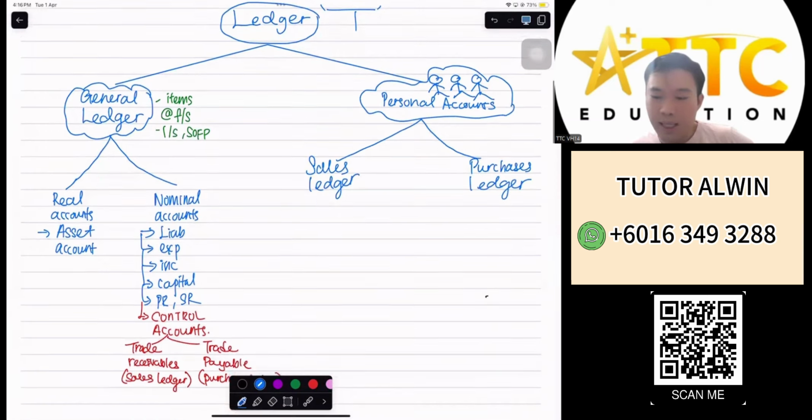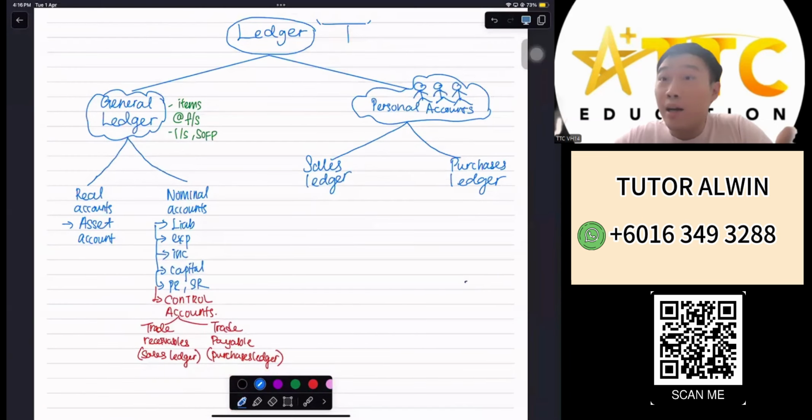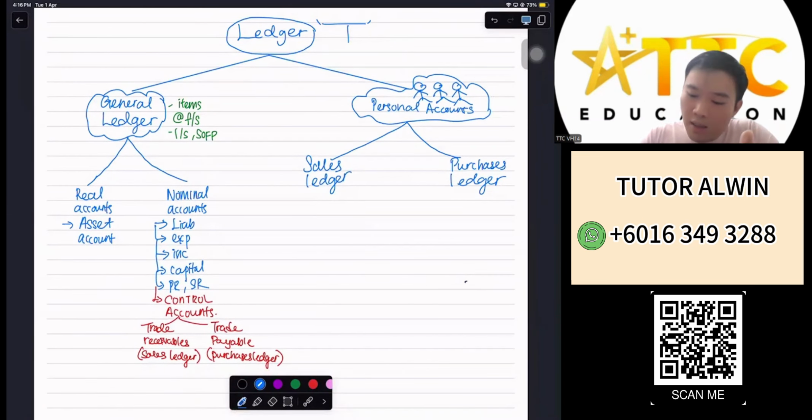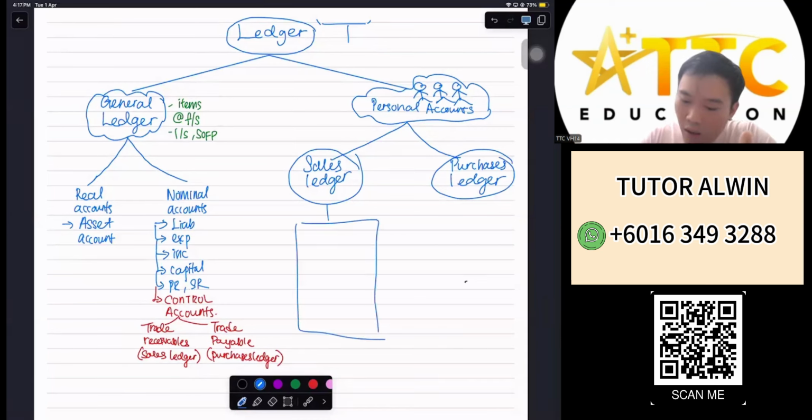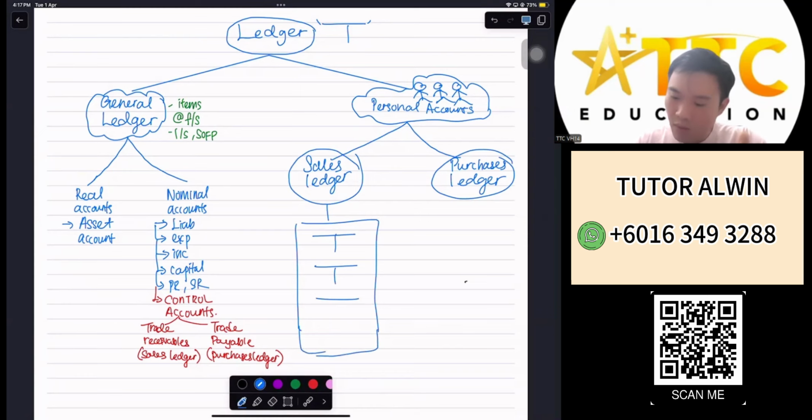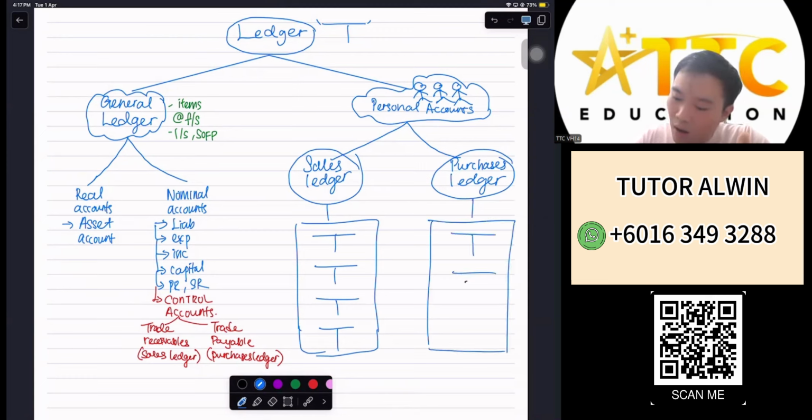So personal account is like a reference. Sales ledger is one of the books that records a list of all of our customers who owe us money, and purchases ledger will be a set of books that records all the suppliers' T accounts.